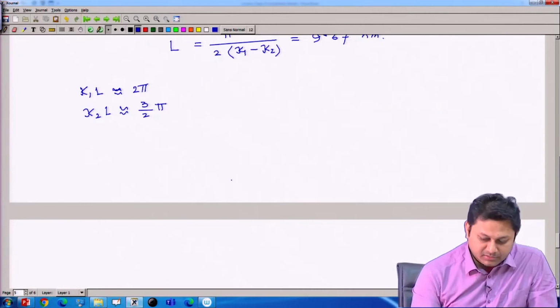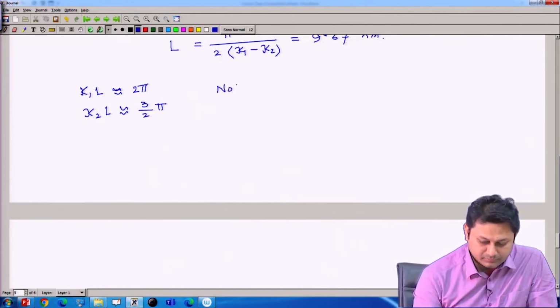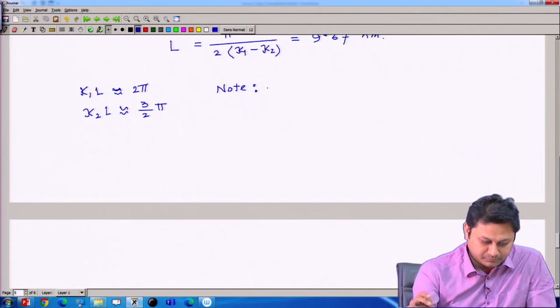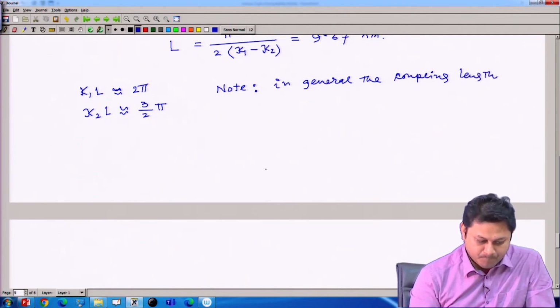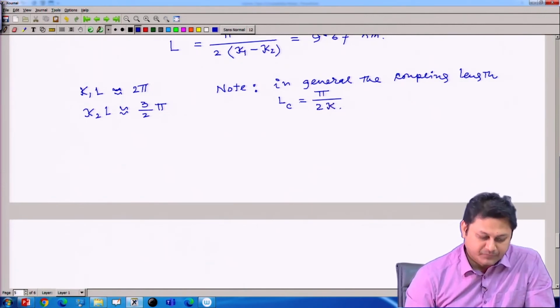Now, note, in general, the coupling length is given by LC is equal to, say, pi by 2 kappa. This is the coupling length we know.